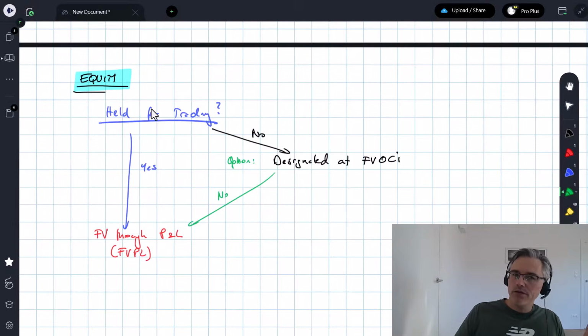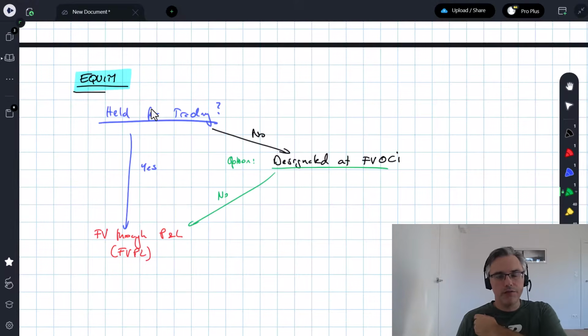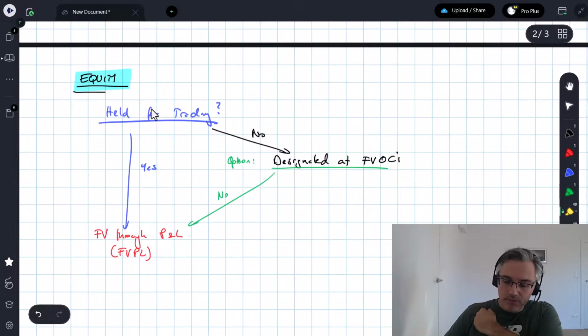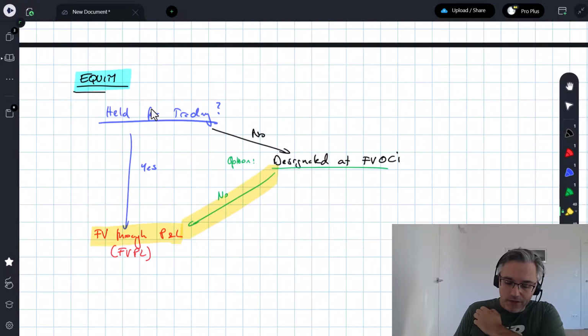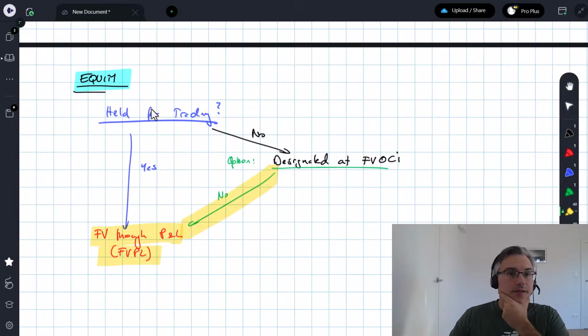And it's possible that you'll answer that question, no. Okay, I'm not holding the instrument for trading, but I don't want to designate it to be measured at fair value through OCI. So then you will account for that equity security in the same way as you would for one that was held for trading purposes, via P&L, with all the changes in value going to P&L.